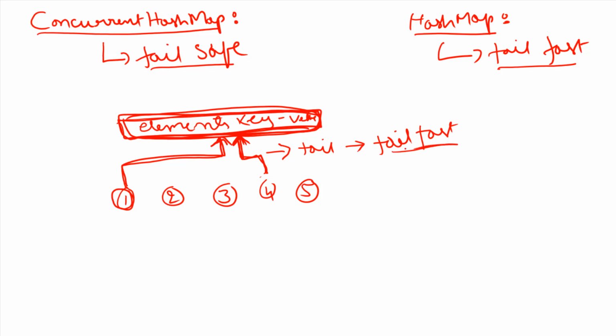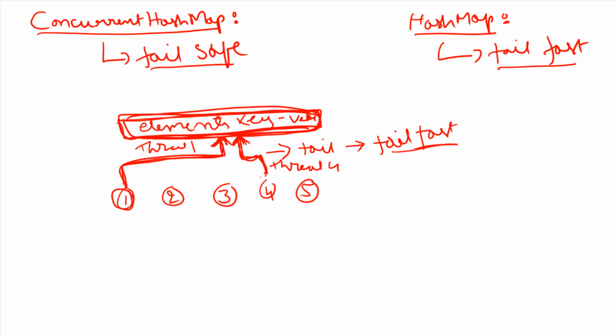That is fail fast mechanism. Normally that means it is not thread safe. Normally when we run the Selenium scripts on Selenium grid, that means in parallel, every script will have its own thread. So this is thread 1 and let's say this is thread 4.